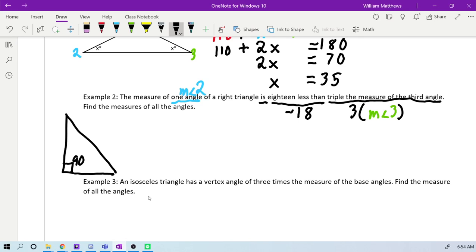And then the word is is our equals. So if I write out that equation, I have the measure of angle 2 is triple the measure of angle 3 and the 18 less than, putting it in the proper order.